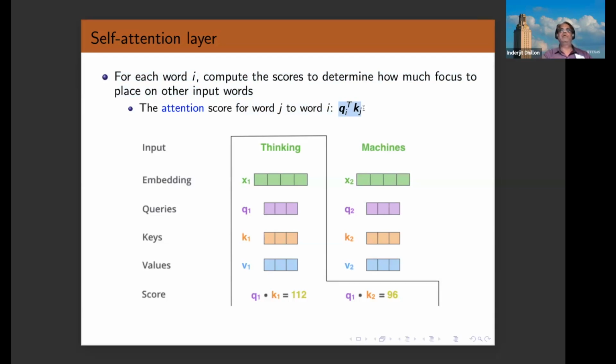So just think about it: we computed the query vector Qi for word I, the key vector for word J, and the attention score is Qi transpose Kj.